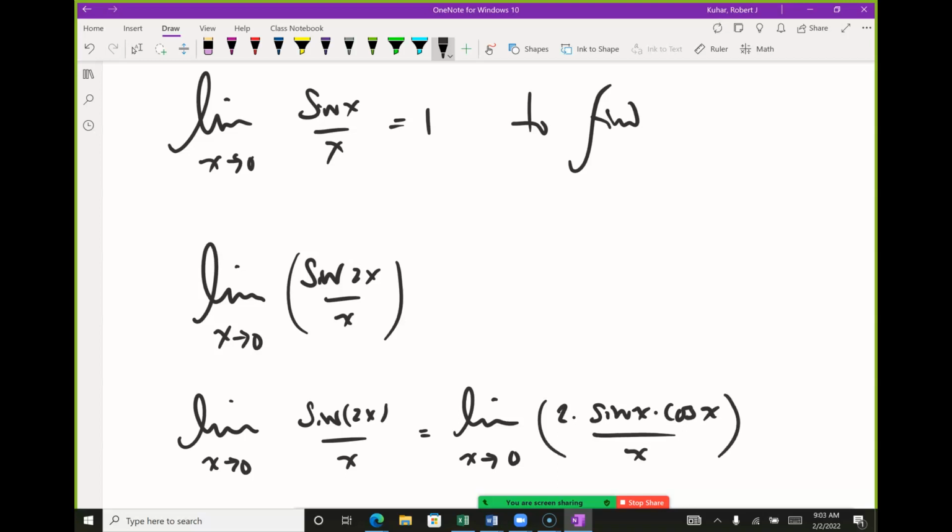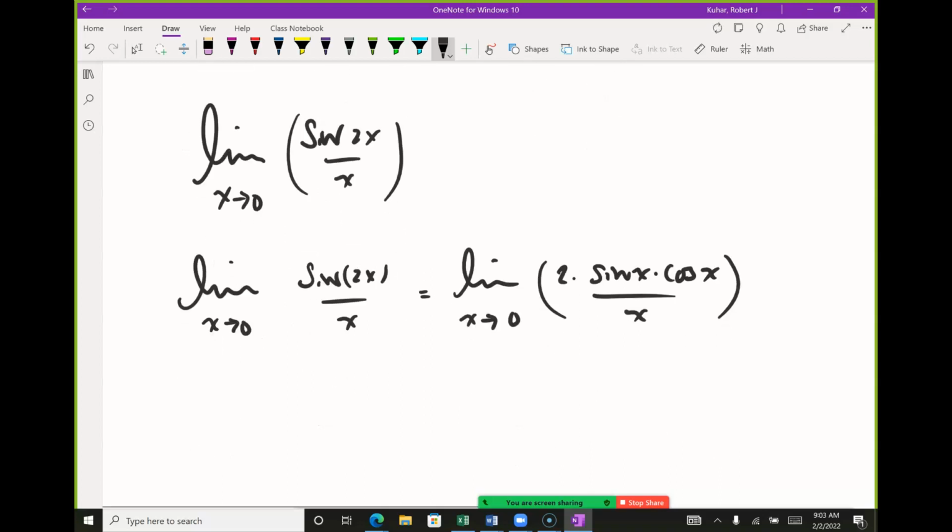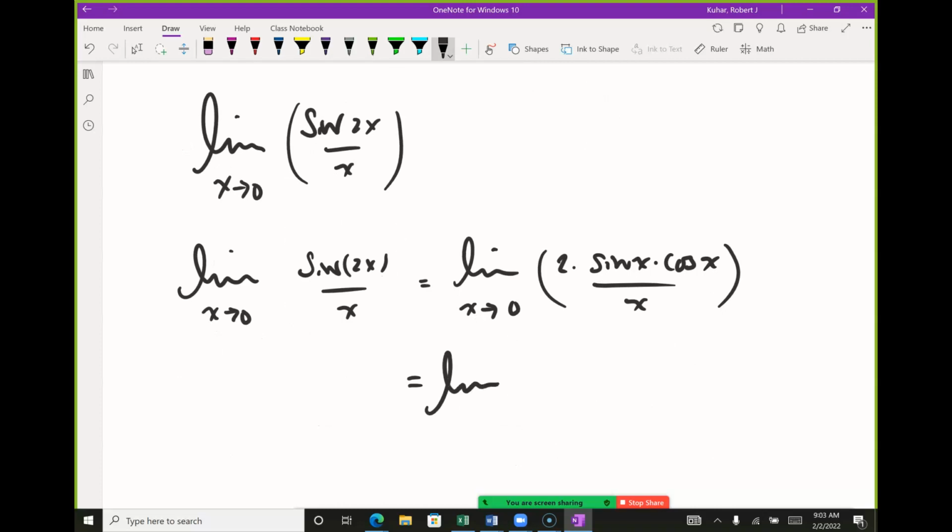Now you can see I have a product of functions, and that's good for me because I know which one I want to use. I want to use sine x over x. So I'm going to split this limit into two limits: the limit of sine x over x times the limit as x goes to 0 of 2 cosine x.